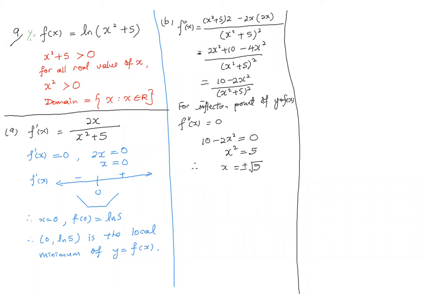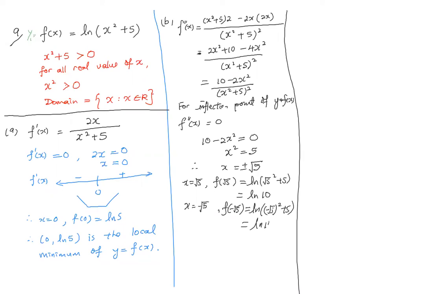Actually, I don't have to draw the sign diagram. So when x equal to root 5, my f(root 5) will be equal to ln of root 5 squared plus 5, so equal to ln 10. When my x equal to negative root 5, my f(negative root 5) will be equal to ln of negative root 5 squared plus 5, which is also ln 10.